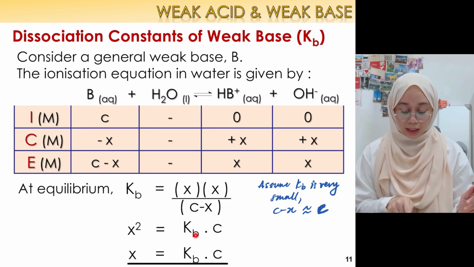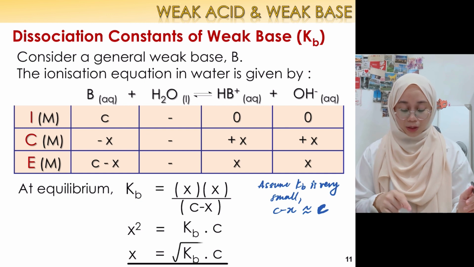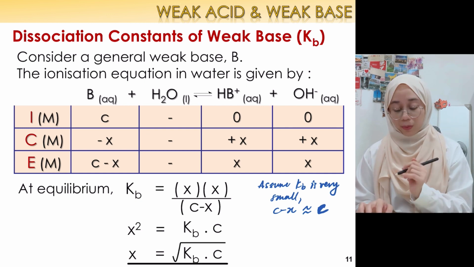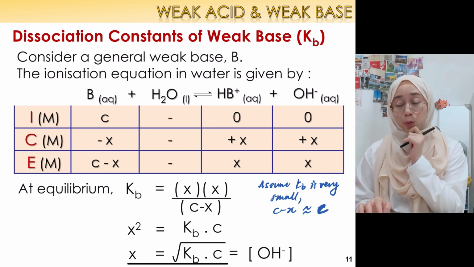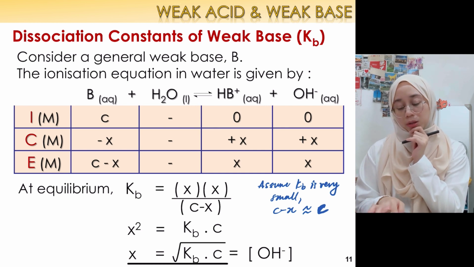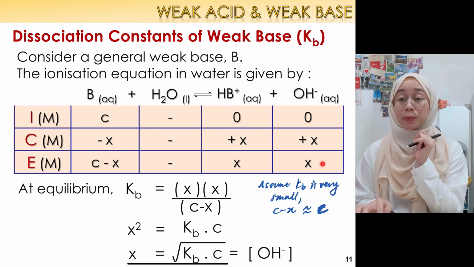So C moves to the other side and becomes Kb times C. So x is basically the square root of Kb times C, which is equal to, since we have the value of x here, the concentration of OH minus.